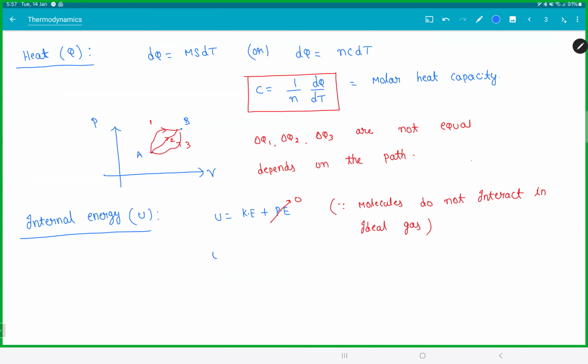So the internal energy will be equal to the kinetic energy, which is f by 2 nRT. We derived this in the last chapter, KTG. So if you see, everything we did before is popping up one after another. So the change in internal energy dU is given by f by 2 nR dT.